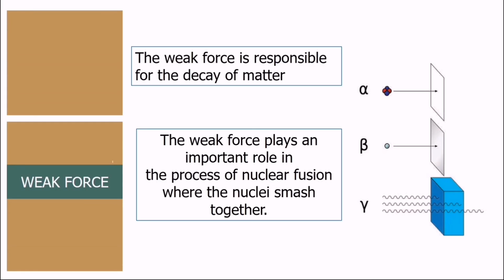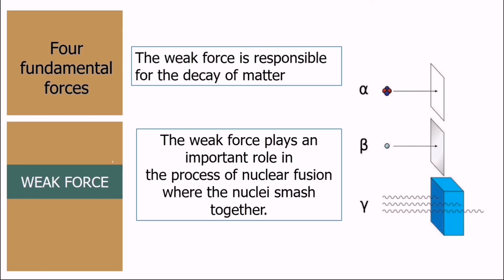Next is weak force. Ang weak force, sila ang responsible for decay matter. Sila ang maglata sa mga things nga patay na. Effective pod siya sa short distance. Naa siya different types of radiation, kaya ang radioactive decay mao ang mag-decay sa mga matter.